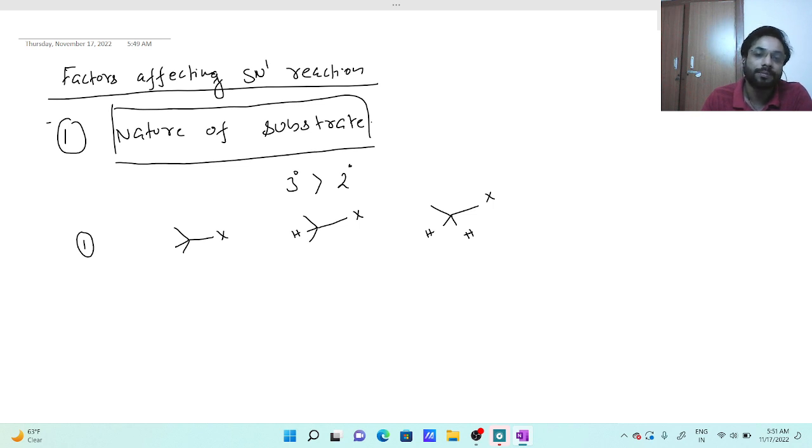What do you think? This is first one, this is second one, this is third one. This is producing a stable carbocation, isn't it? So this will be more stable than this one, than this one. Let us go ahead and discuss a few more.